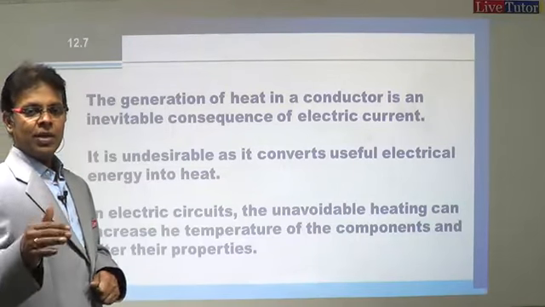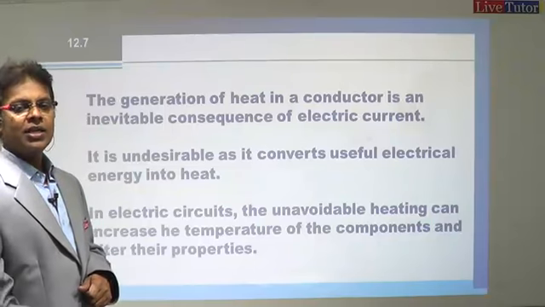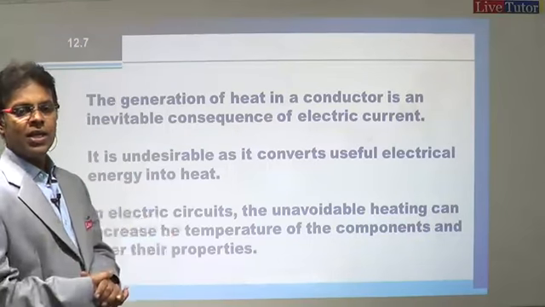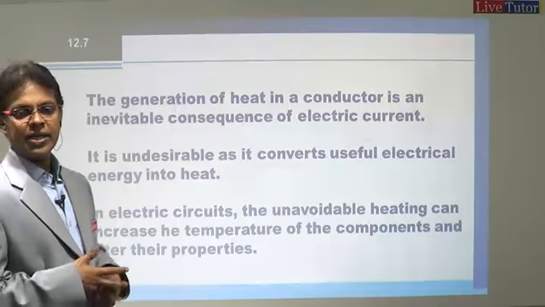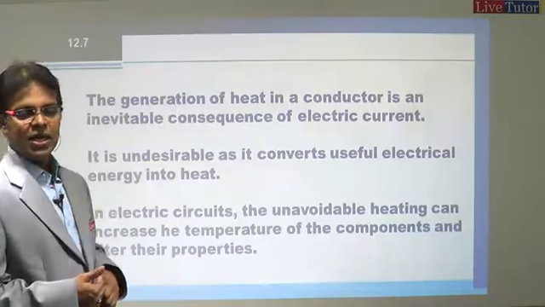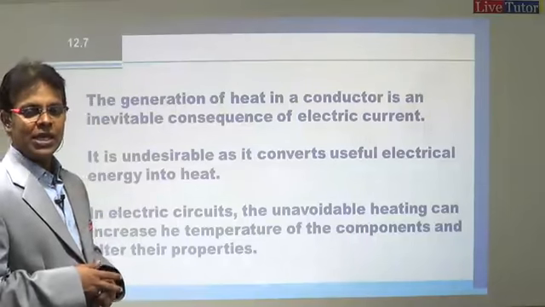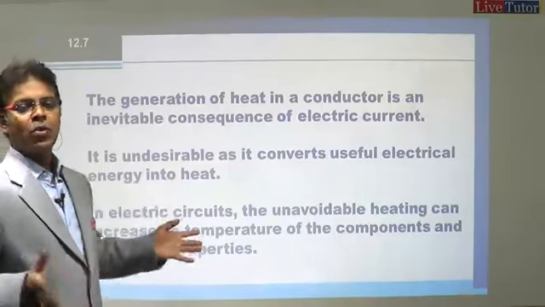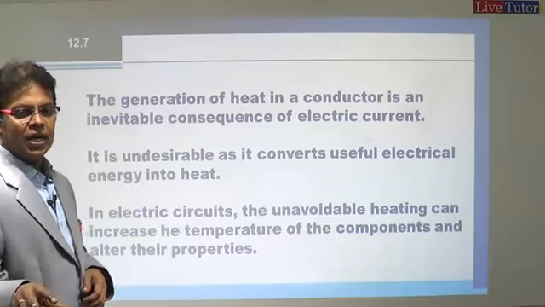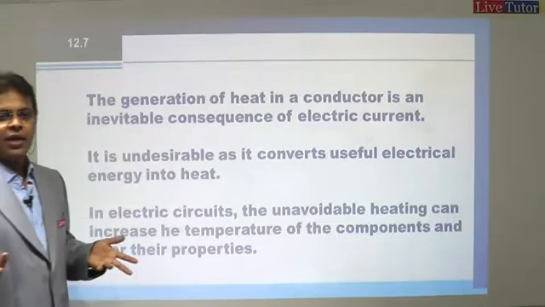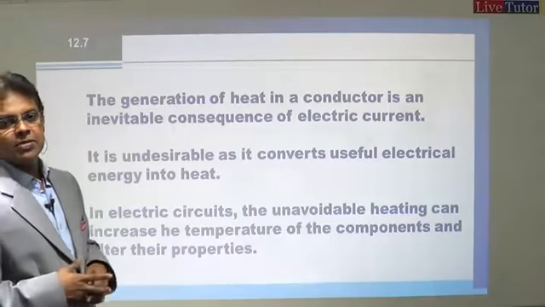And it is undesirable because it is converting the useful electric energy into unwanted heat energy. But not in all cases. In the electric bulb, we need light only, but we don't want heat. But the electric bulb is producing both. We cannot avoid that. But in an iron box, we need only heat energy. Isn't it? So sometimes it is desirable, sometimes it becomes undesirable.